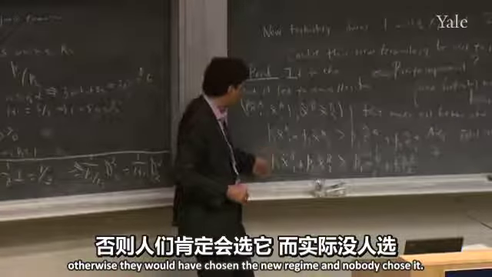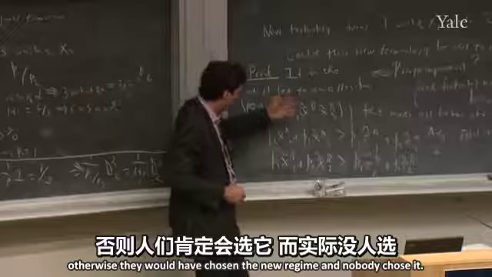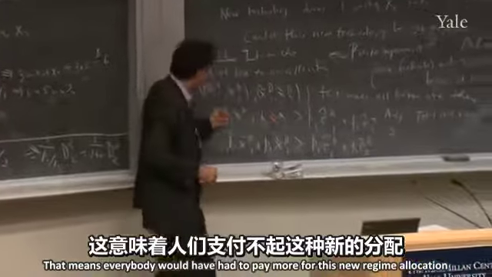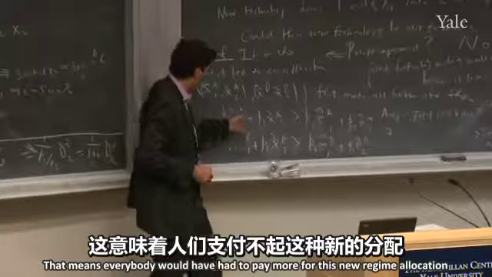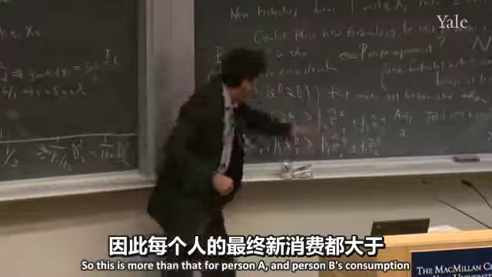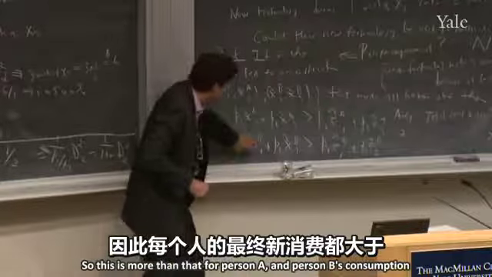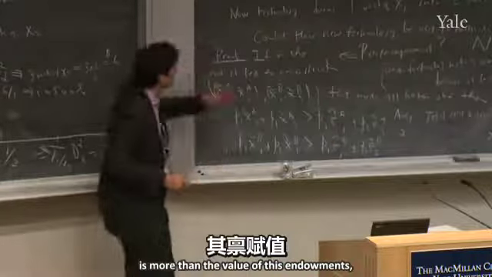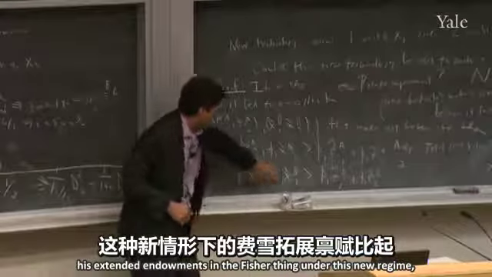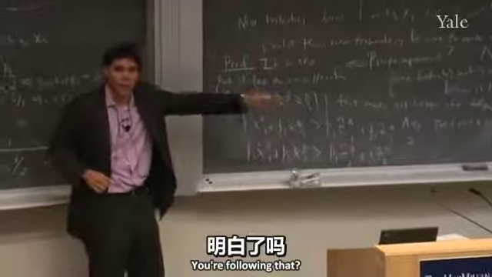Otherwise, they would have chosen the new regime. And nobody chose it. That means everybody would have had to pay more for this new regime allocation than the value of their endowments. So this is more than that for person A, and person B's consumption is more than the value of his extended endowments in the Fisher setting. You're following that?